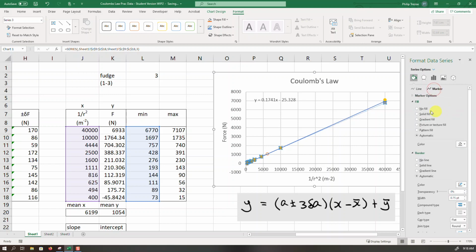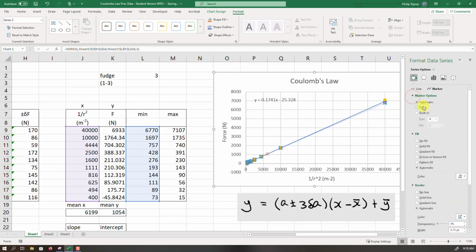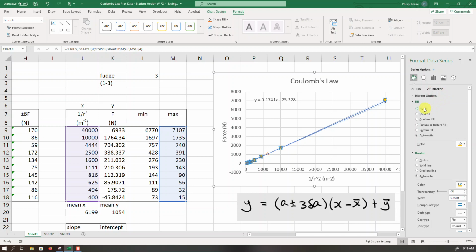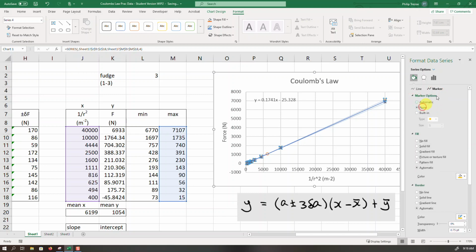For the markers, I do not want markers on that. I just want it to be a line. That's good. Now we're going to go to series 4, and we're going to format series 4. It's the orange ones. So once again, we'll go to the line. We'll have a solid line, reduce the thickness, a bit too far there, and make it into dots. Then the markers, and we will have no markers for them.